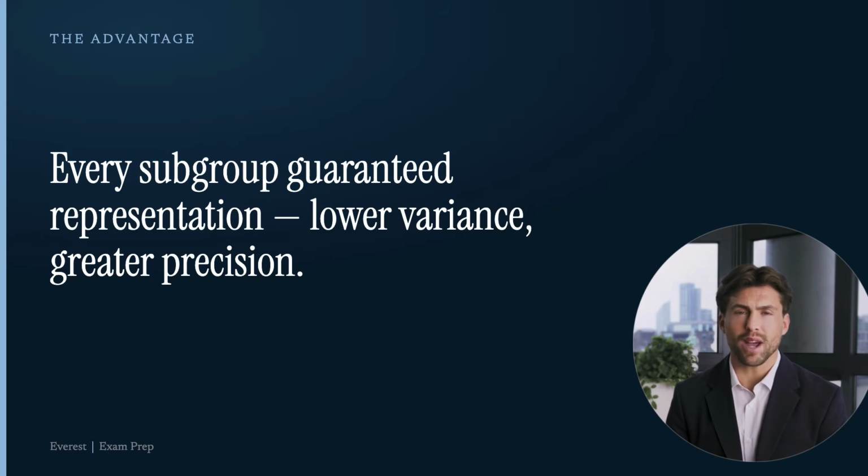A simple random sample drawn from the entire population could accidentally include too few observations from a small but significant subgroup. Stratification reduces this risk. When the observations within each stratum are genuinely similar, stratified sampling can also produce estimates with lower variance and greater precision than a simple random sample of the same size.